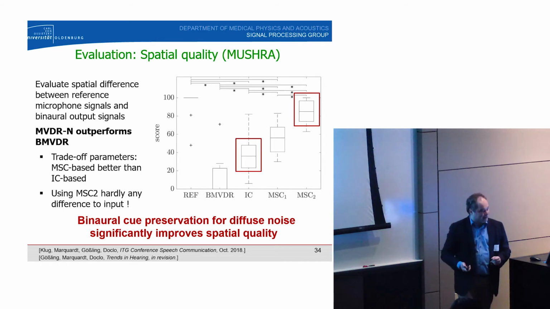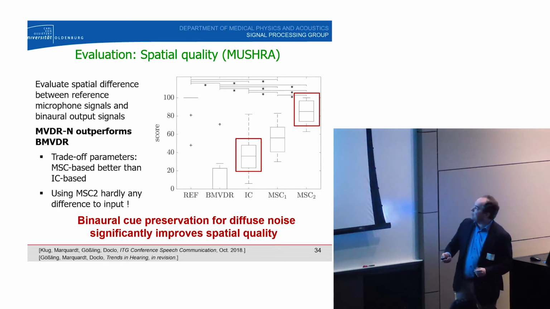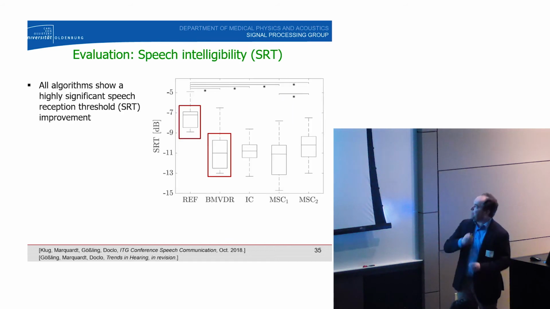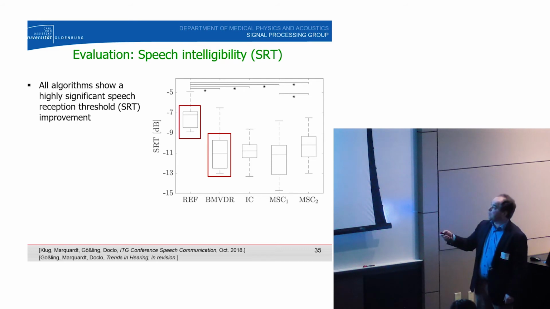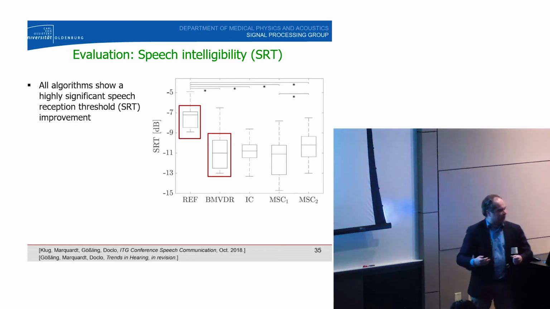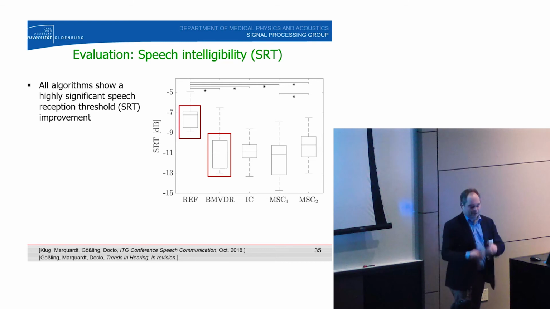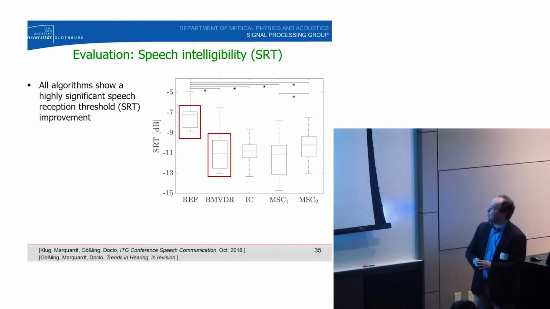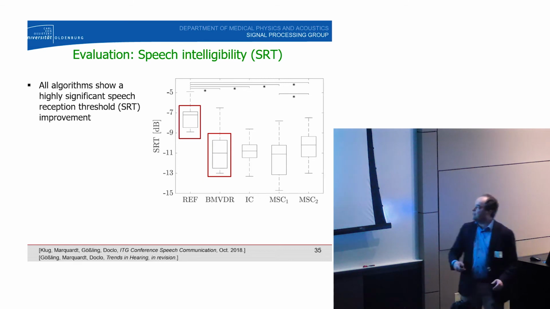But what happens now to the SRT? That's the next question. As we can see here, this is the speech reception threshold, for normal hearing people, to remember. Typically at the reference signals, it's something like minus 8 dB. We're pretty good as normal hearing people at recognizing 50% of the words in a noisy scenario. If you look at the binaural MVDR in this scenario, diffuse noise, that's also a normal number, it would improve the SRT, going from minus 8 to about minus 12, or minus 7 to minus 11.